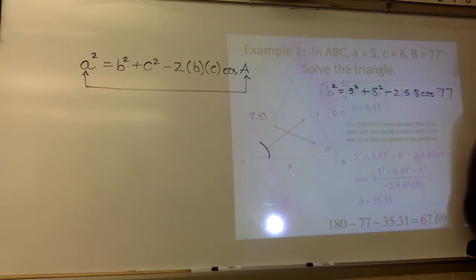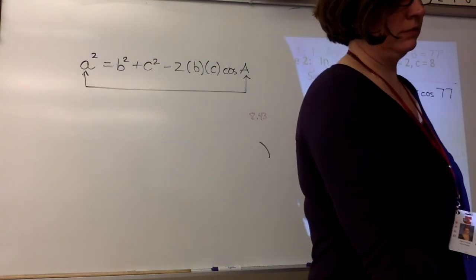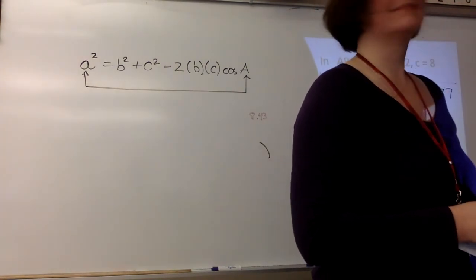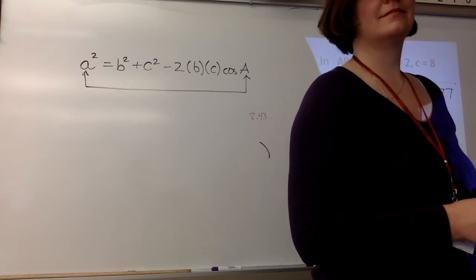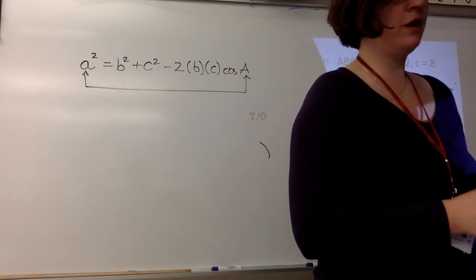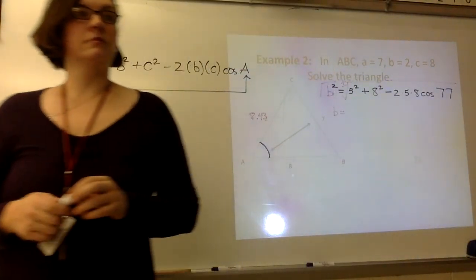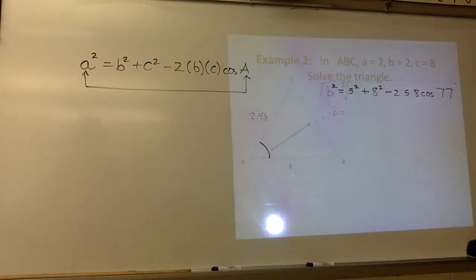All right, why don't you go ahead and try example 2. You can work with a partner, you can work by yourself, and then we're done. There's no other examples. This is it. Notice you have no opposite pairs in example 2.